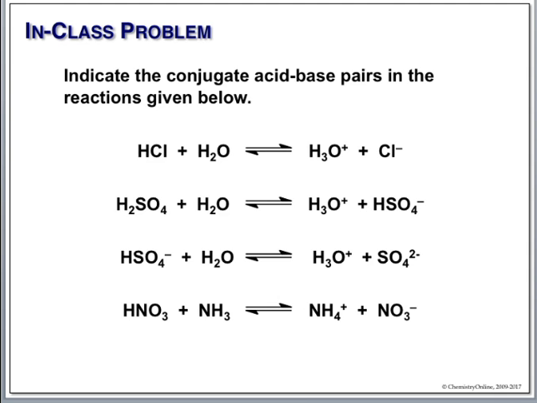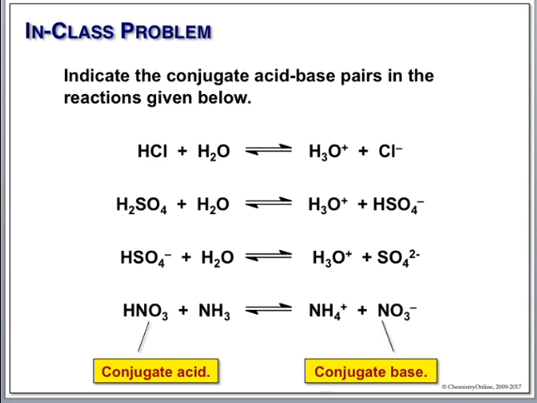Well, one of the things you have to do to support life is to support ionization. So in this case, we're dealing with nitric acid as the acid. We're going to lose a proton and form nitrate. So conjugate acid pair would be this.